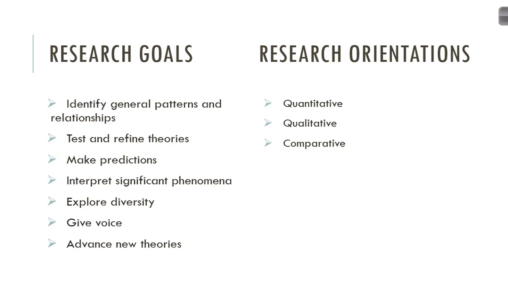So there's that, and of course you can make it a mixed methods project and mix and match the orientations or strategies, and you can do that by using them subsequently or by using them concurrently. Alright, so we have 7 goals and we have 3 major kinds of research orientations.